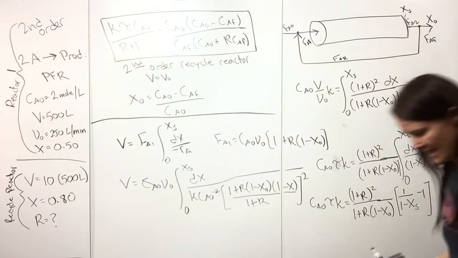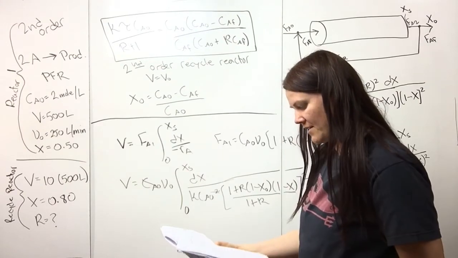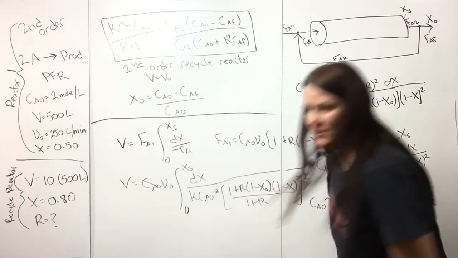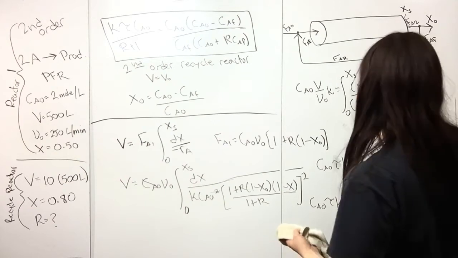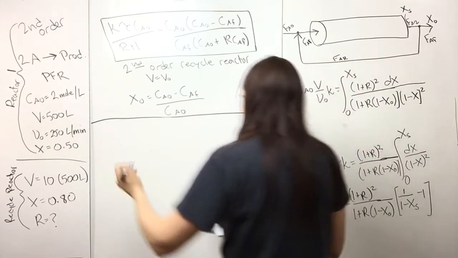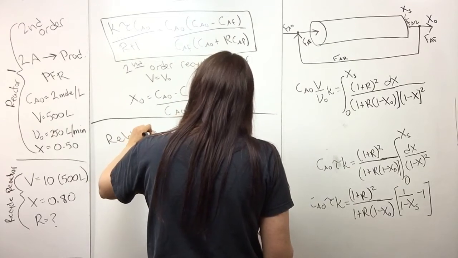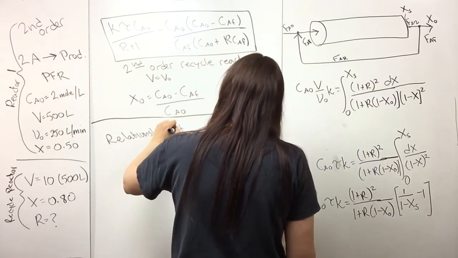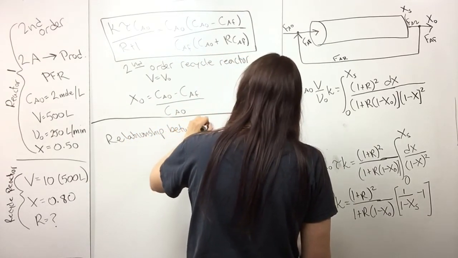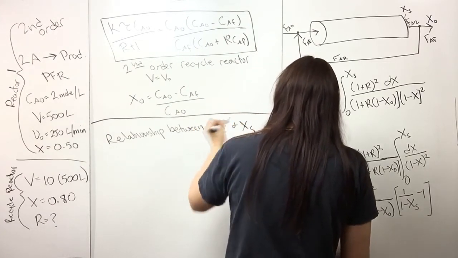And I can't remember if this was something that was derived in homework 5. I'm just going to erase some stuff real quick, and then I'll show you how you can get this equation in terms of X. So we want a relationship between X naught and XS.